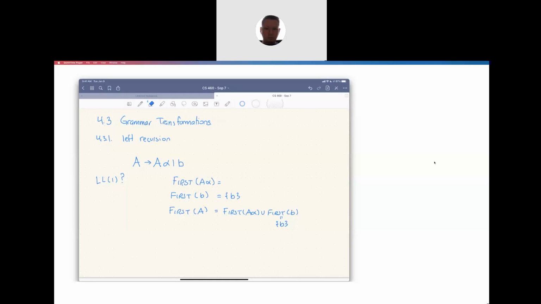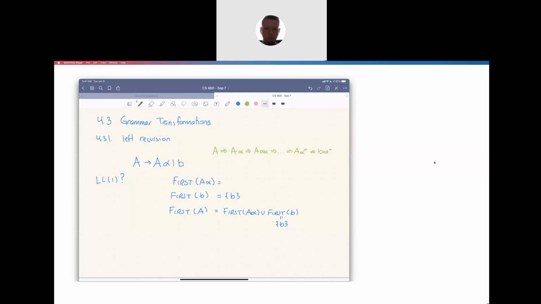So if I look at this and we do a derivation, let's use this one here. So A goes to A alpha, goes to A alpha alpha, goes to dot dot dot, goes to A alpha n, goes to B alpha n, right? So there are only two options. You can either stop the recursion by taking the B, or you can continue.